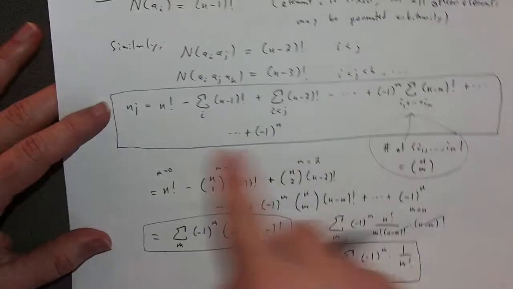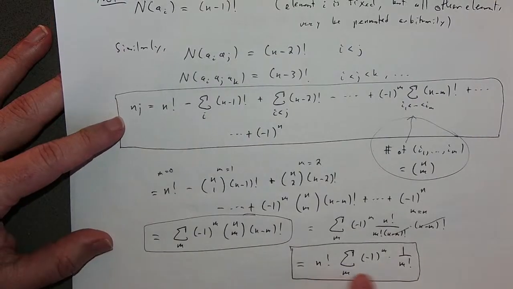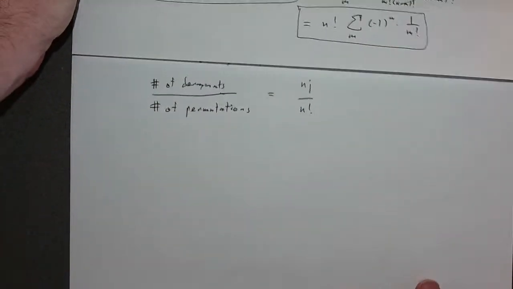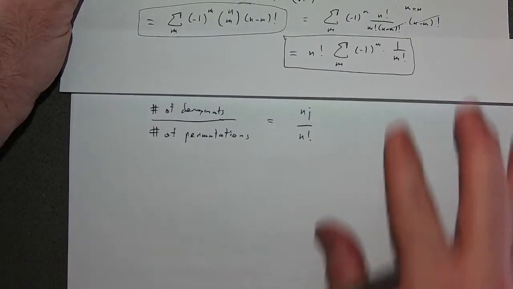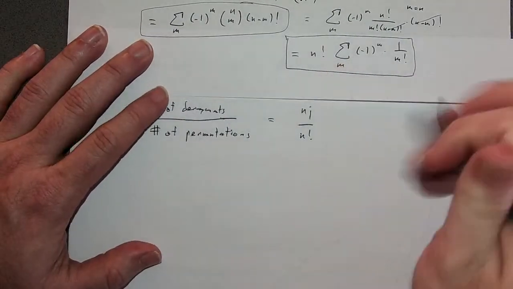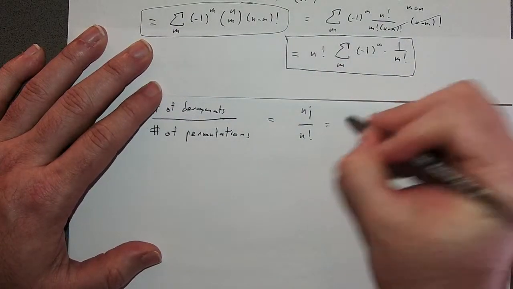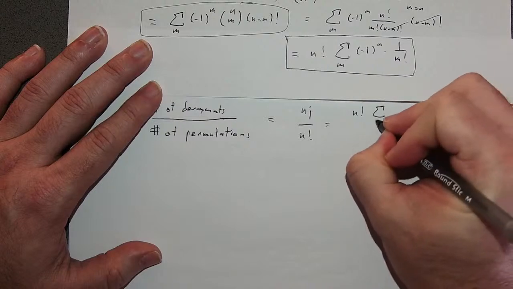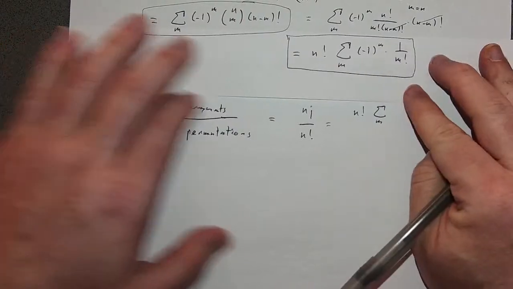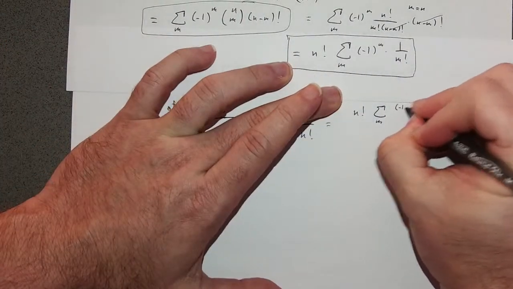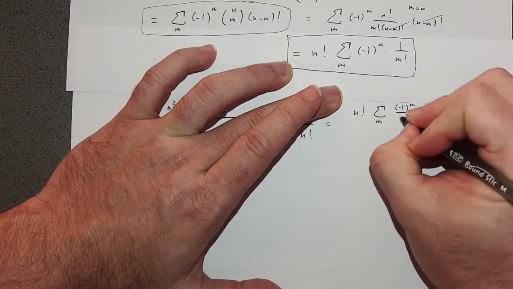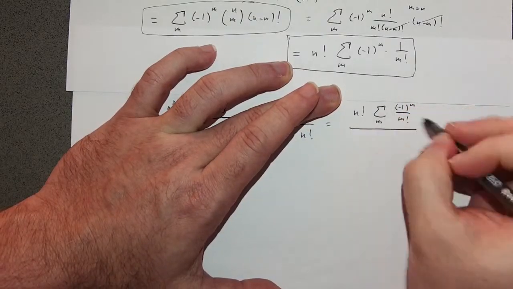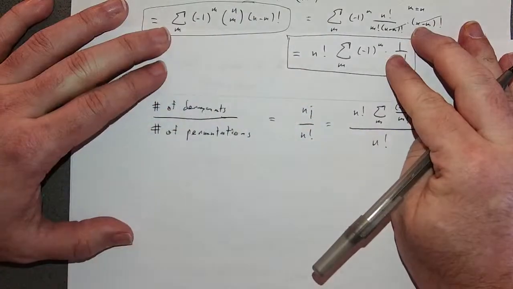But the number of derangements we found to be this expression. Here, I'll leave that on the page. So this is n factorial times the sum over m of minus 1 to the m over m factorial, divided by n factorial.